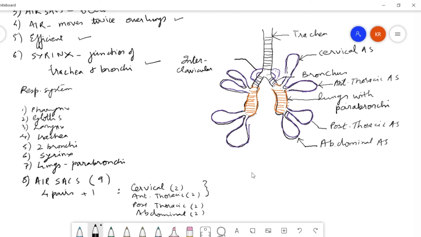They are anterior, both of them. And these 2 are posterior. Air sacs. And plus the one that is single, that is unpaired, is interclavicular.